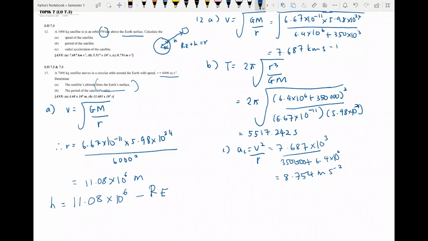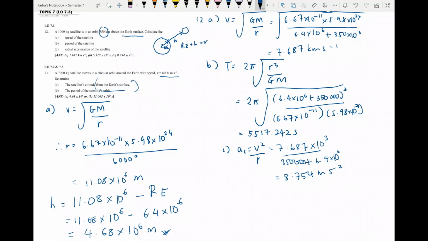RE is the radius of the Earth, which is 6.4 power of 6. So then we calculate, we get the answer is 4.68 power of 6 meter. Okay, this one is for A.